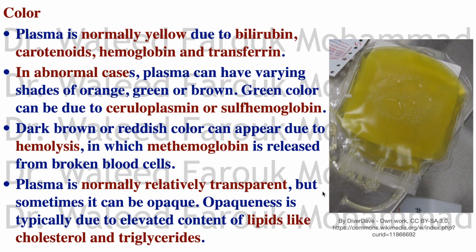The color of the plasma is normally yellow due to the presence of bilirubin, carotenoids, hemoglobin, and transferrin. The color may change: it may be green due to the presence of ceruloplasmin or sulfhemoglobin, or dark brown or reddish in cases of hemolysis, in which methemoglobin is released from the broken blood cells.